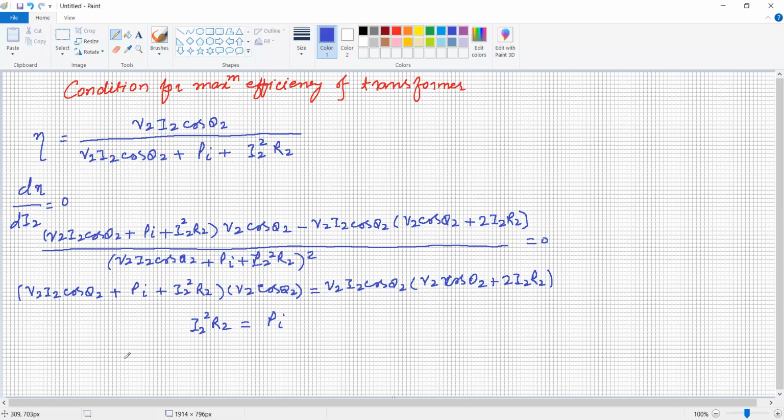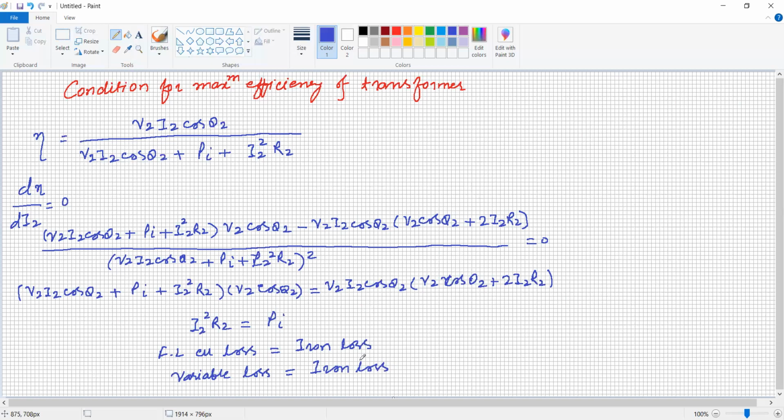That means the copper loss becomes equal to the iron loss, or the variable loss becomes equal to the iron loss, and maximum efficiency will occur.